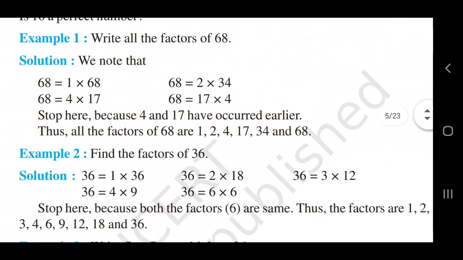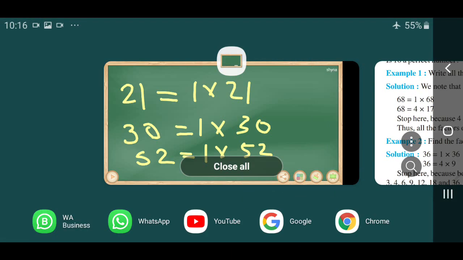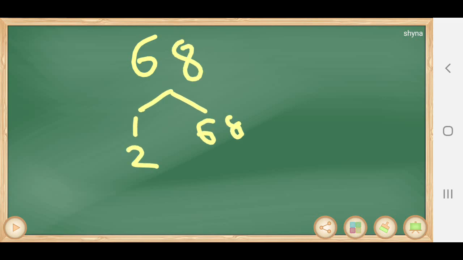First question. Write all the factors of 68. The easy method I have said: 68, 1 into 68, 2 into 34, 4 into 17.